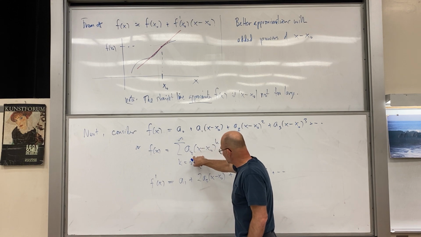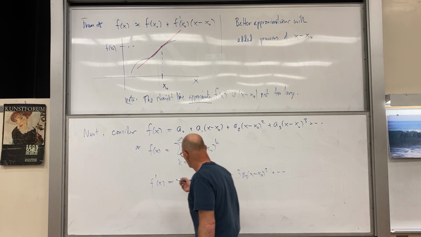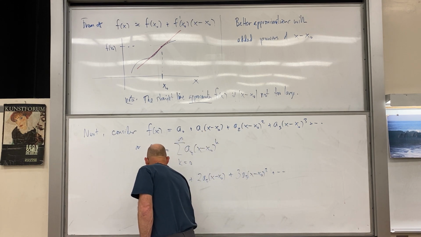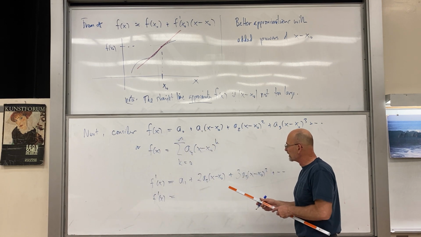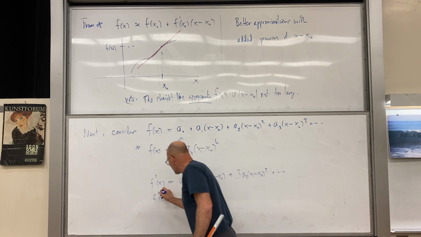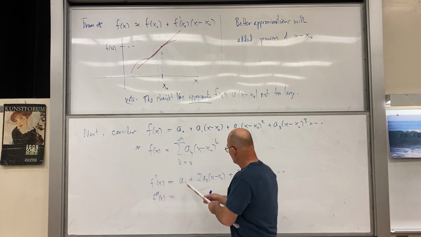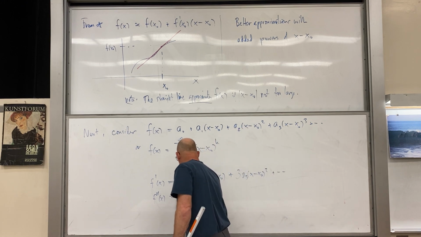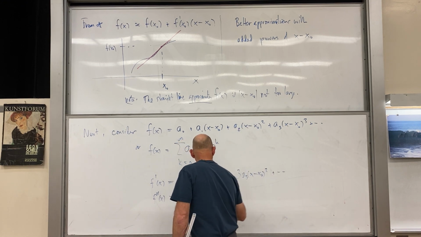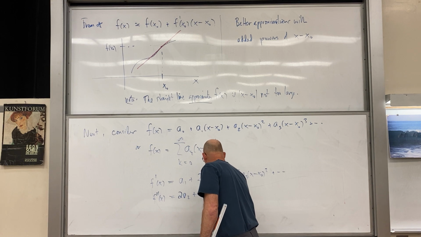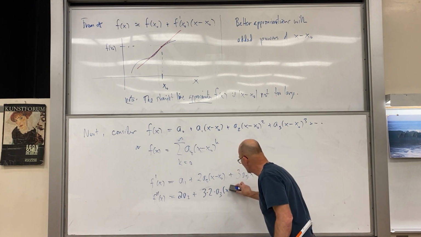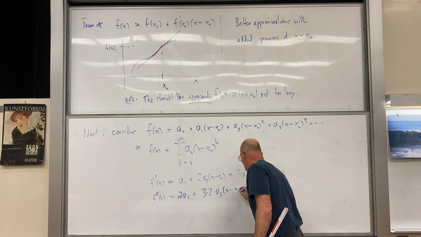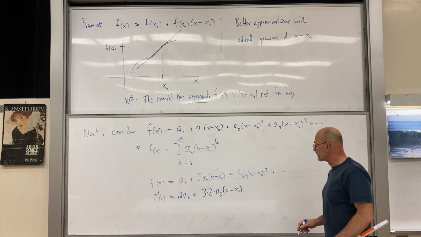And we can actually do the same thing in here, but I'll go ahead and write it out explicitly. So f second derivative, sorry, two derivatives, kill that one, we have 2 a sub 2 plus 3 times 2 times a sub 3 times x minus x0, and so forth.